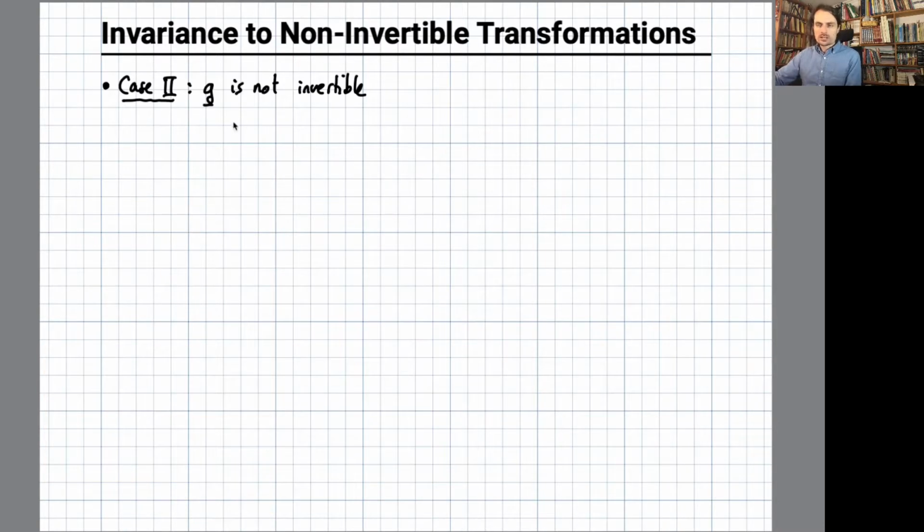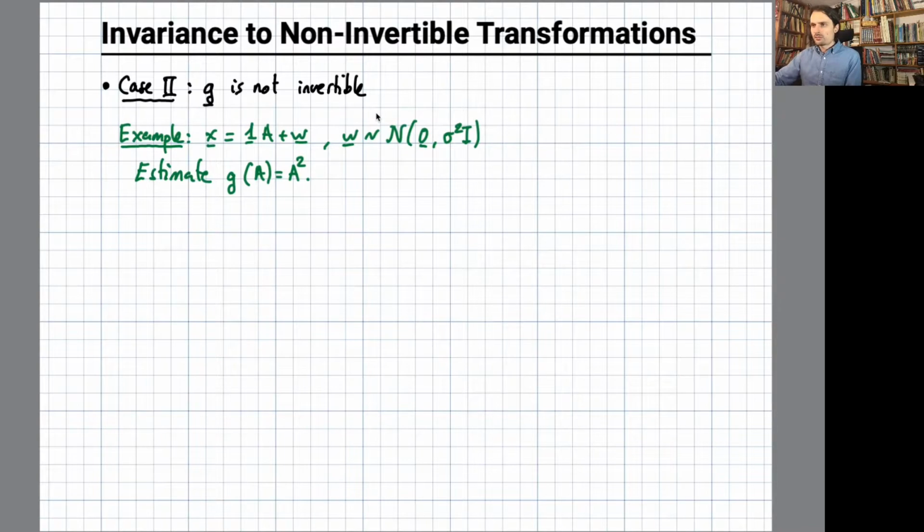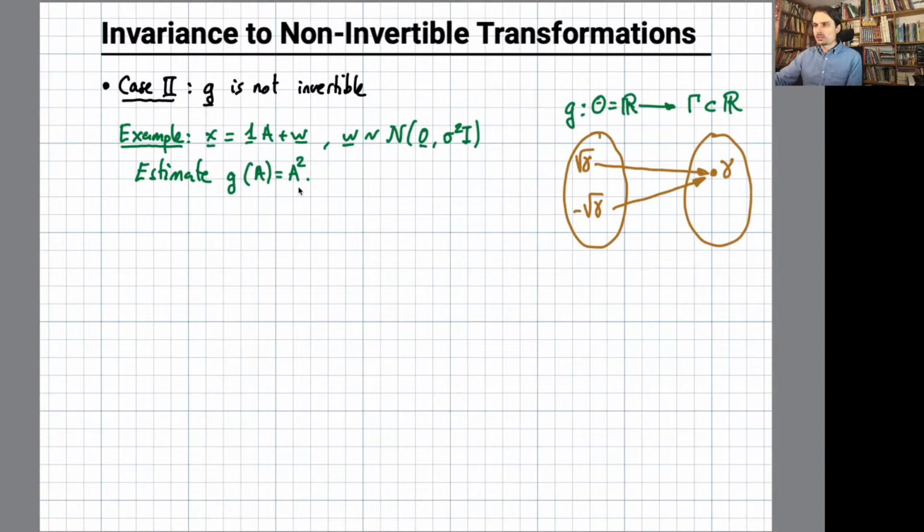Now let us look at the other case where g is not an invertible function. For instance, in our DC level example, we may be interested in estimating A squared, okay? So this is obviously a non-invertible transformation, because if, for instance, the value of gamma is 4, we don't know if A is 2 or minus 2, right?